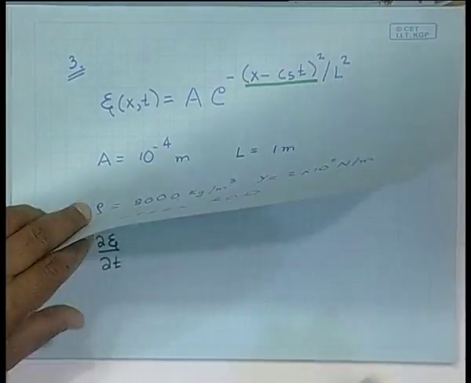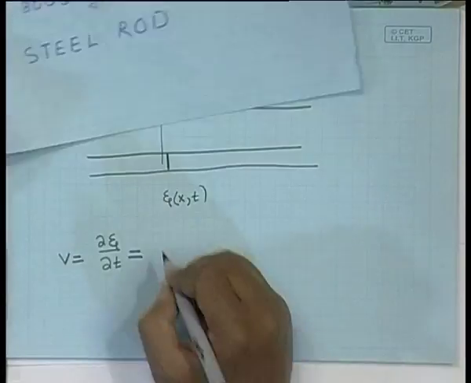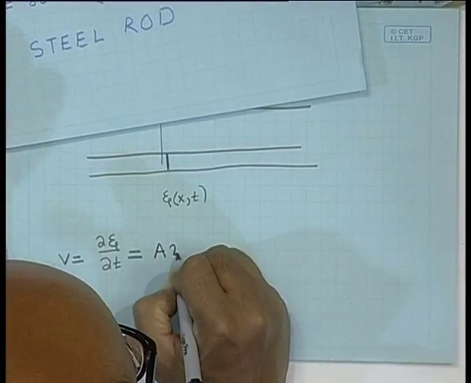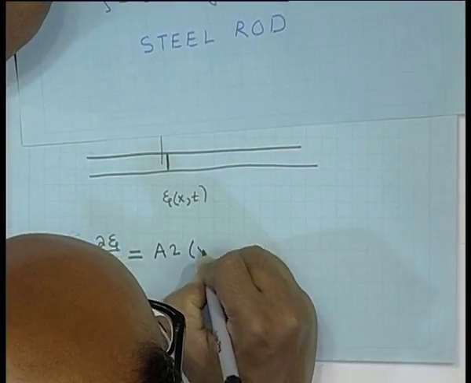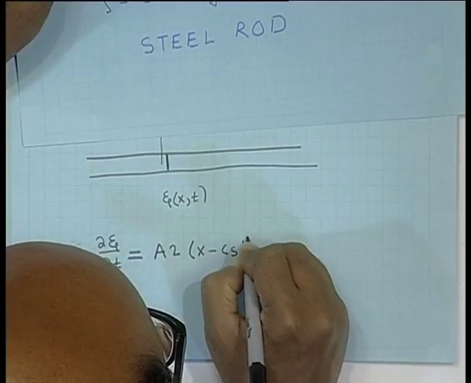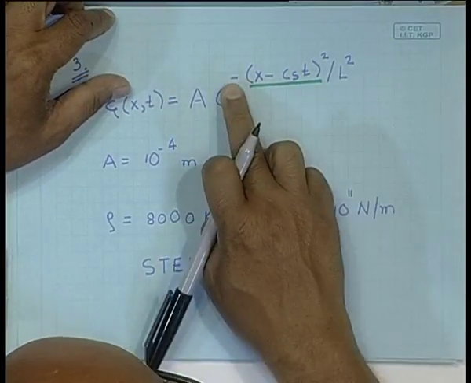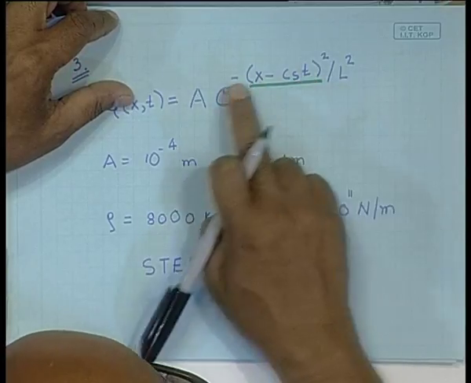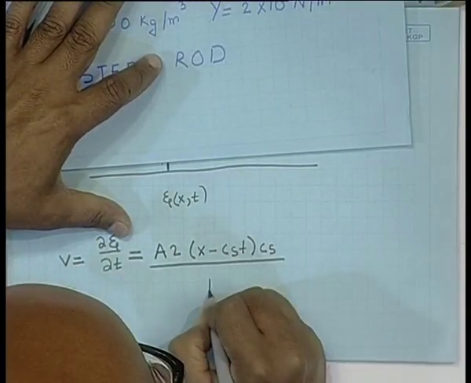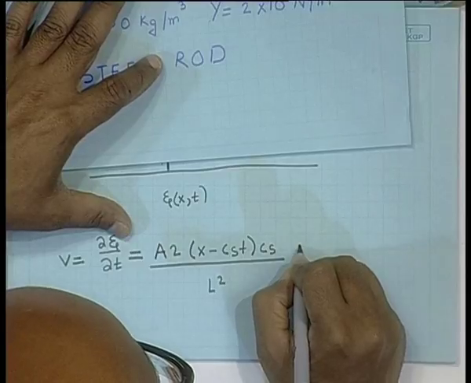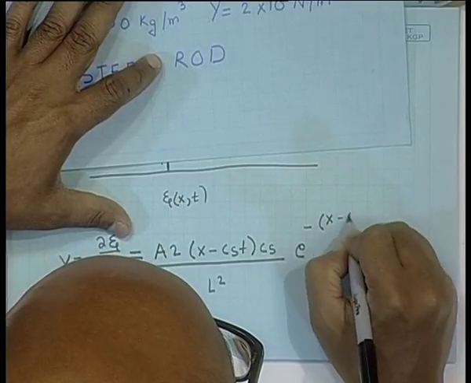So, the velocity at any point x is going to be a, 2 because of this, then x minus Cst, into this minus sign over here, and then when I differentiate this, I will get another minus sign into Cs, this divided by L squared into xi into e to the power minus x minus Cst.